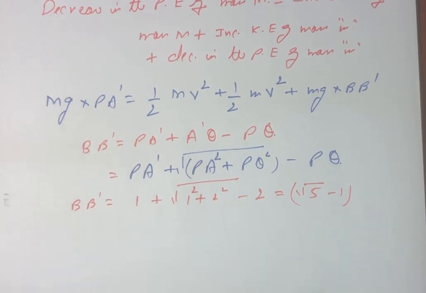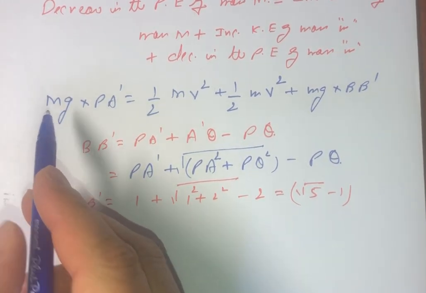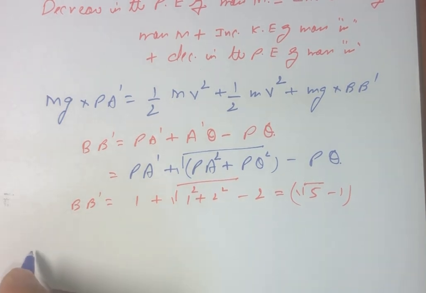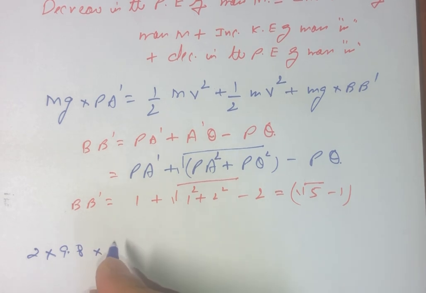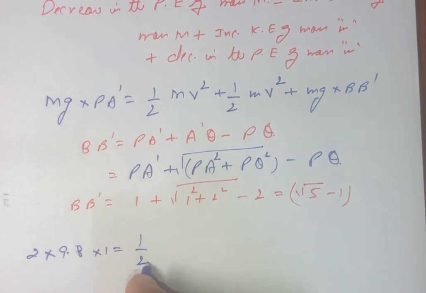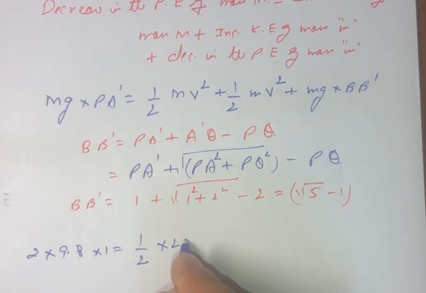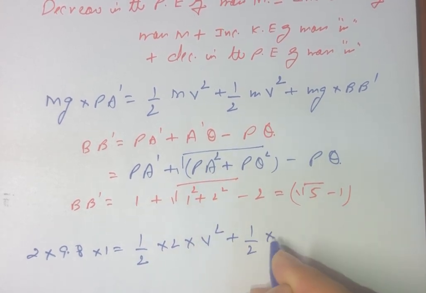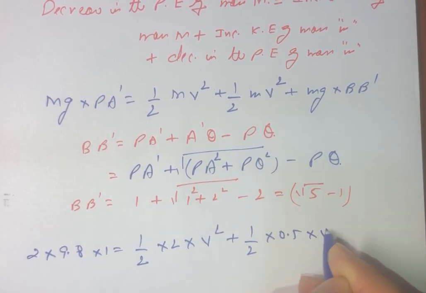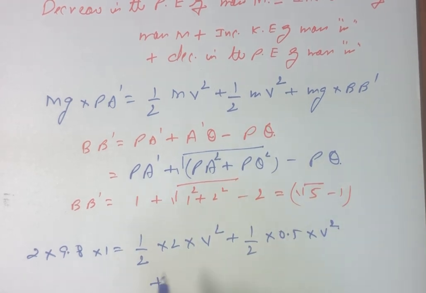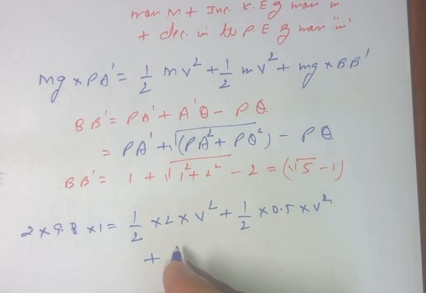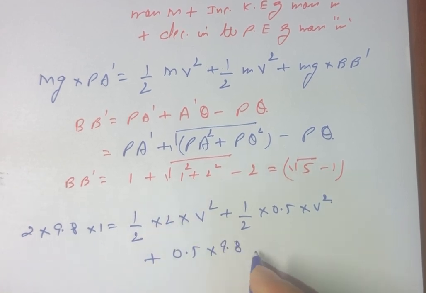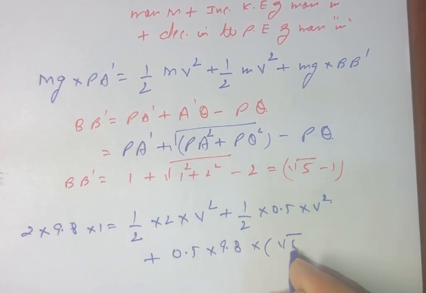Now we are going to substitute the values. Capital M is given as 2 kg, so this will be 2 multiplied by 9.8, and PA prime is 1. We have half into 2 into V square plus half into 0.5 into V square plus 0.5 into 9.8 into the square root of 5 minus 1.